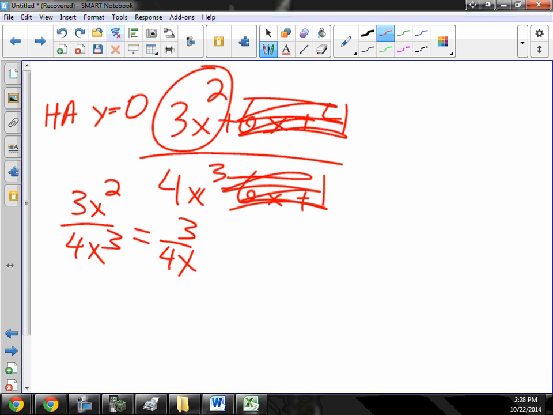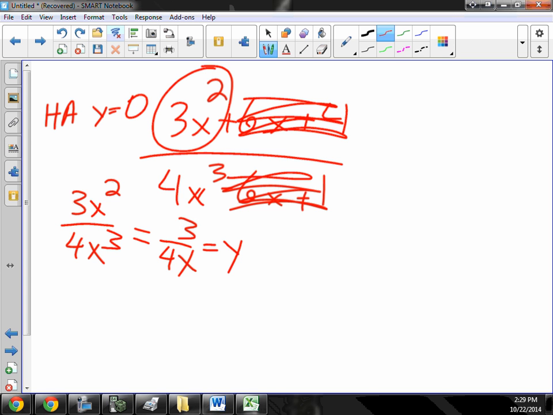So what I did is I took the original rational expression and I threw away everything but the first numbers. And I get 3x squared divided by 4x to the third, which simplifies to be 3 over 4x, which is a graph that is almost identical to 1 over x. And this graph equals y. There is no way it can equal 0 because the top number is a 3.